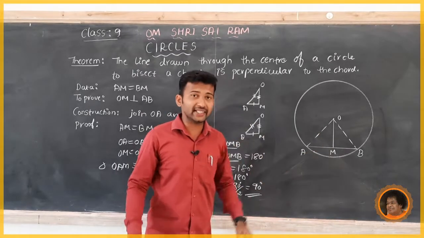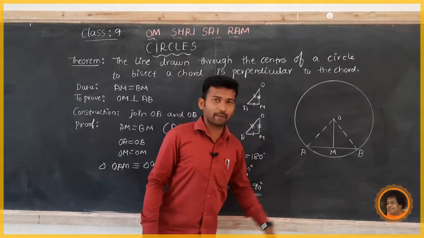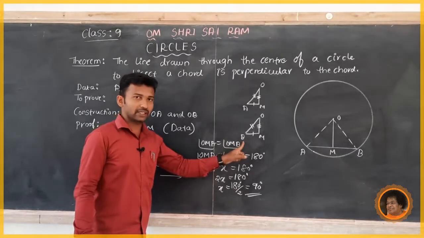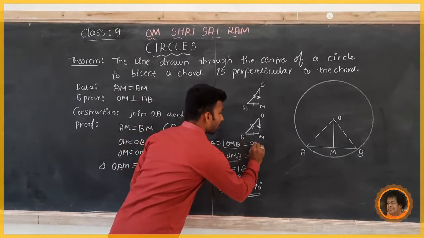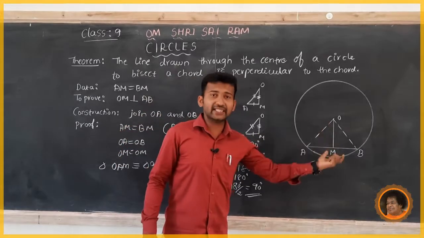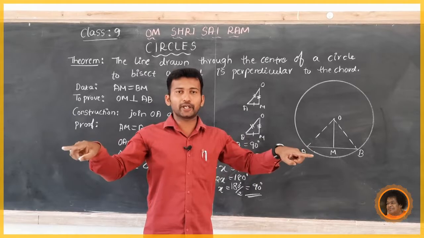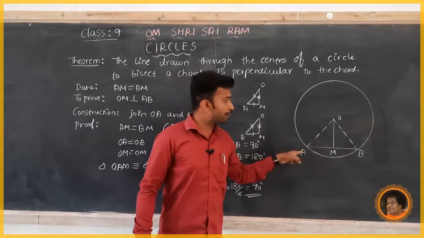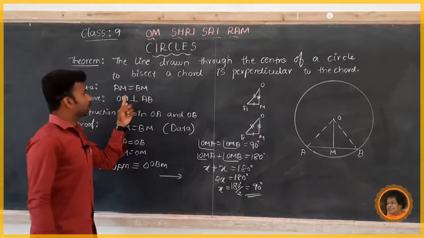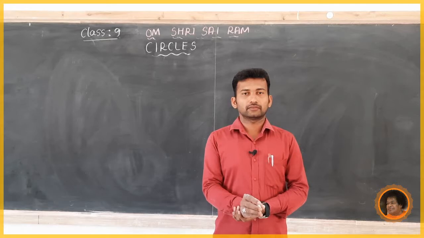So x equal to 90 degrees means angle OMA equals angle OMB equals 90 degrees. Two angles are equal to 90 degrees, which means OM is perpendicular to AB. Hence we proved OM perpendicular to AB.